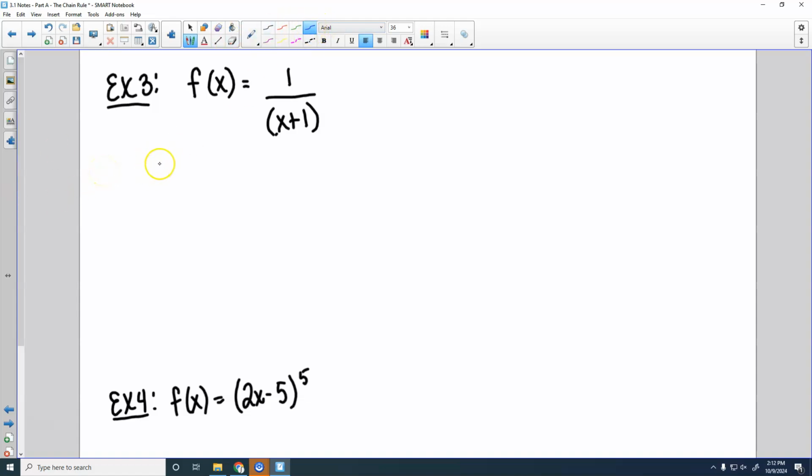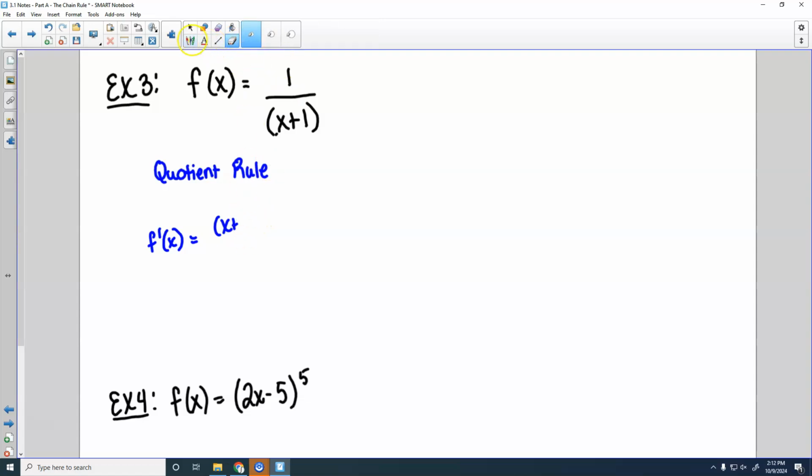If we did quotient rule, then f prime of x would equal low, so x plus 1, times the derivative of the high.